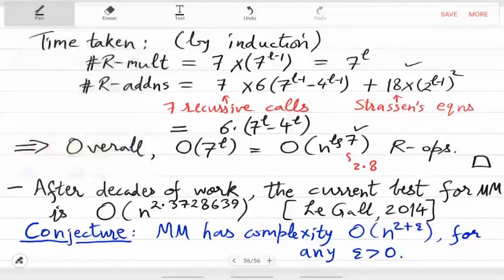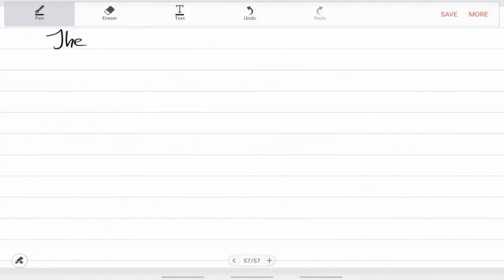That will take several lectures if we want to improve over log 7 to anything. So instead of attempting that, we can just see the concepts which go into improving log 7, because that concept is also helpful in other places. It's a fundamental concept in algebra. So you want to understand the exponent of matrix multiplication.